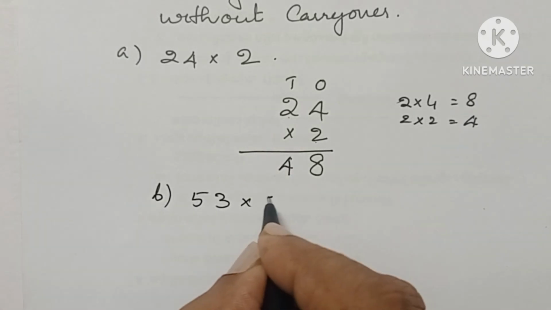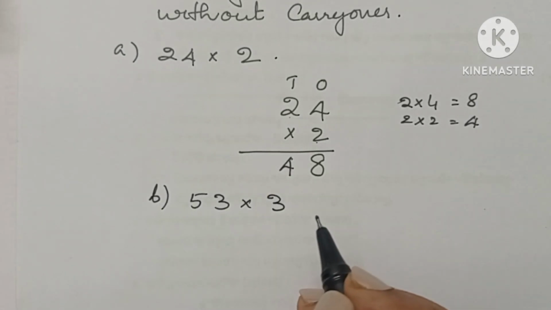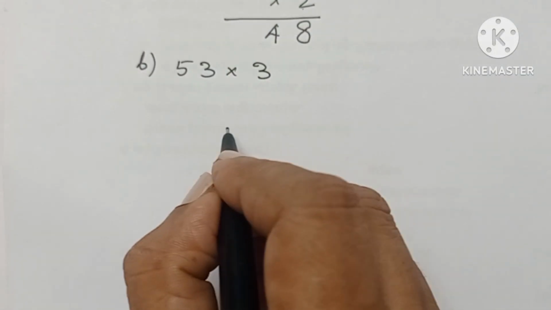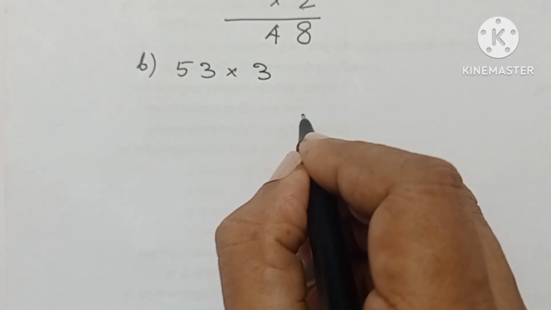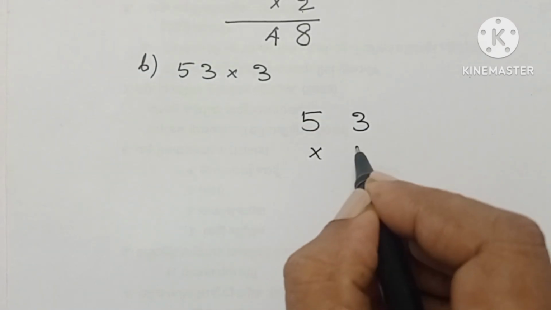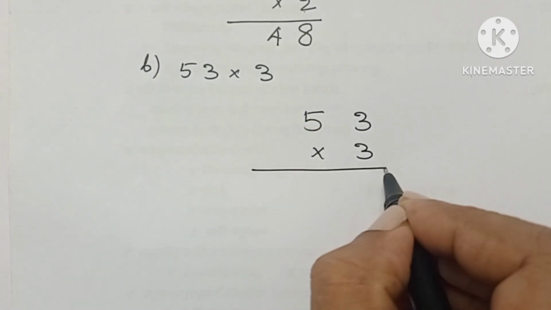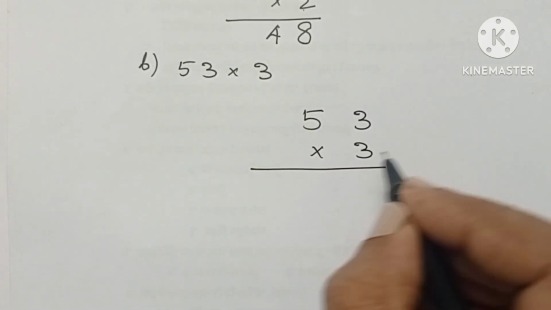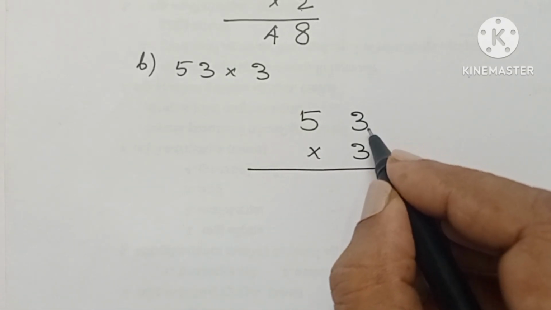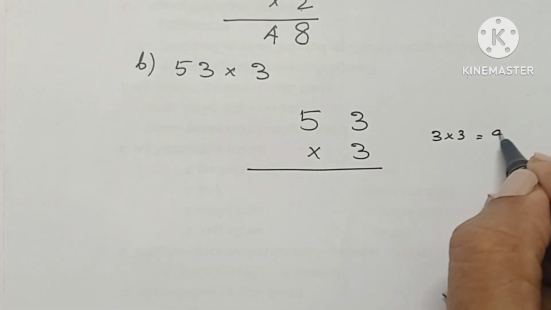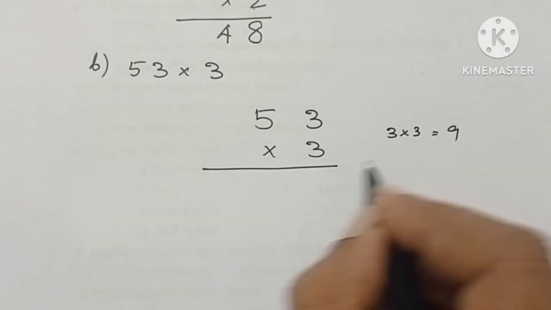53 into 3. 53 is a two digit number and 3 is a one digit number. Writing 53 into 3. 3 is in the ones place and 5 is in the tens place. 3 threes are 9.